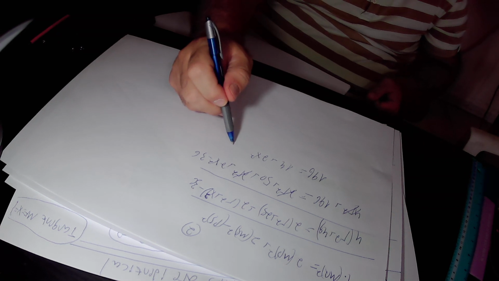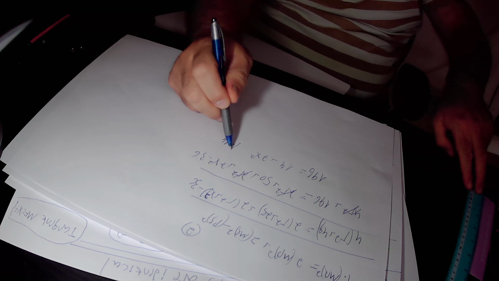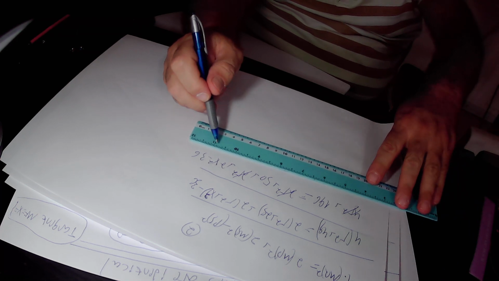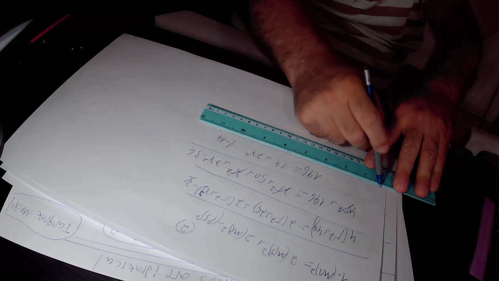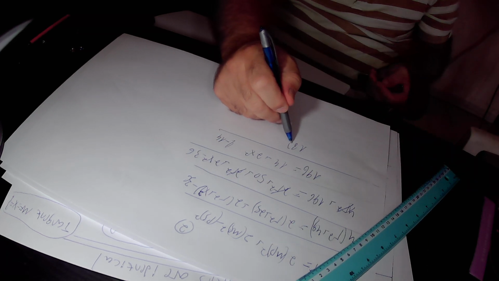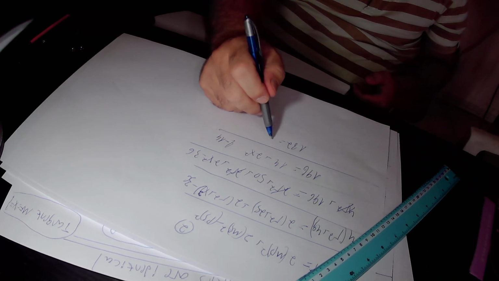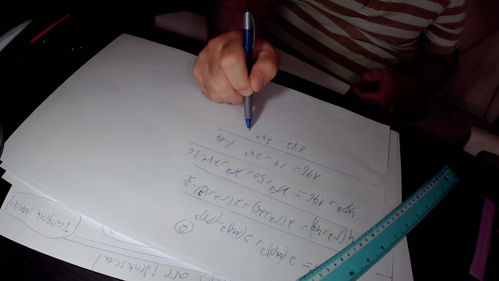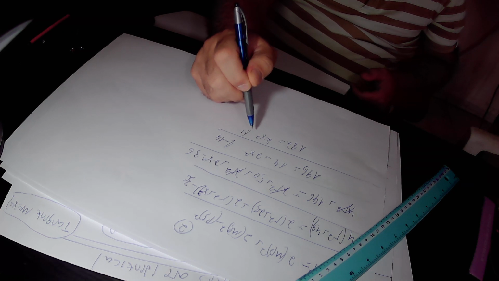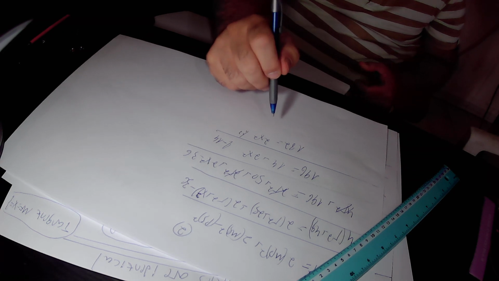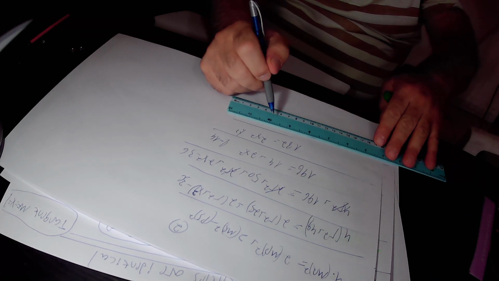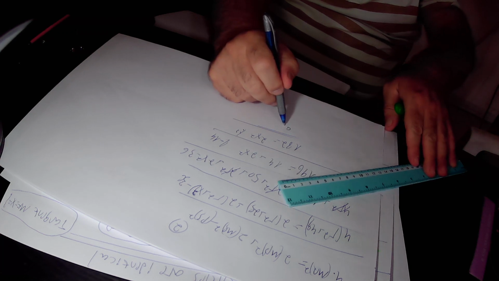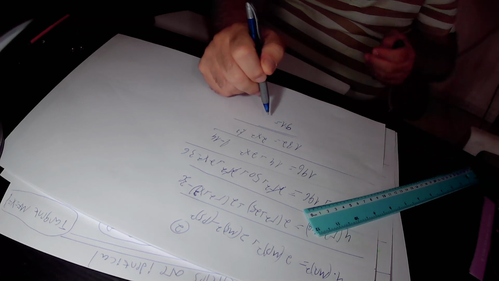Here we subtract 14 from this equation and we get that 196 minus 14 is 182. So 182 equals 2x squared. Here we divide this equation by 2, and we get that 182 over 2 is 91, so 91 equals x squared.